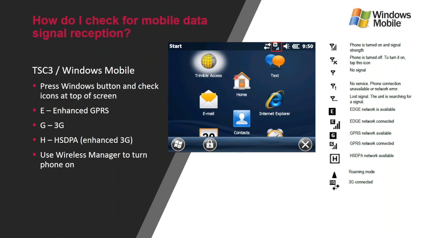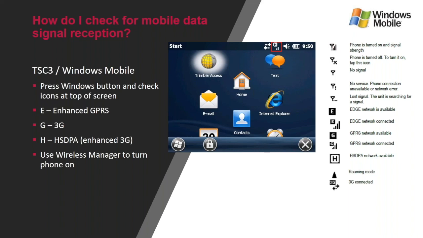And at the top of the screen, there'll be a box next to the speaker symbol with a symbol in that space. Ideally, you'd be hoping to see something like this, H, with some signal bars next to it. But shown here on the slide, here are some variants that you might see depending on what's happening with the device and the signal available.